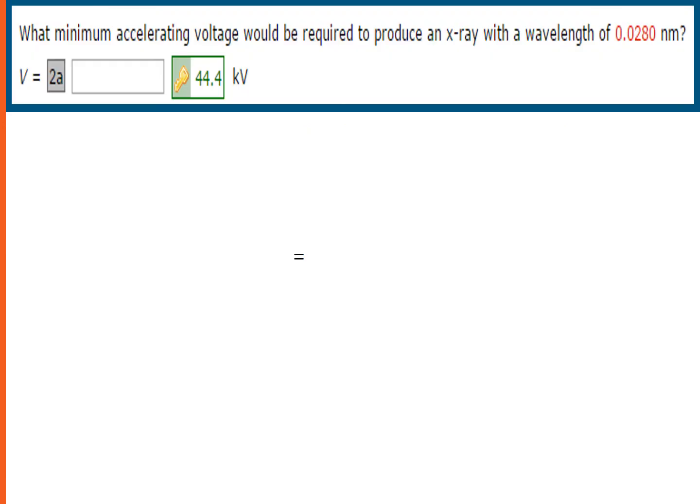Now let us solve a sample problem that I have given in WebAssign. It reads, what minimum accelerating voltage would be required to produce an X-ray with a wavelength of 0.0280 nanometers? Recall that our equation for the minimum wavelength is equal to hc over e delta V, where delta V is our accelerating voltage.